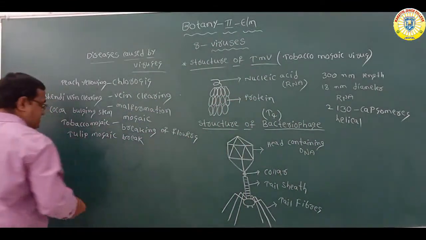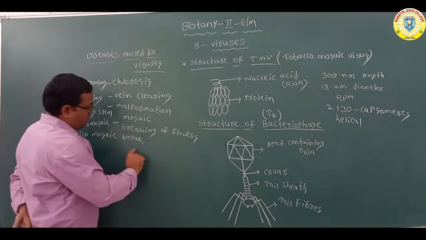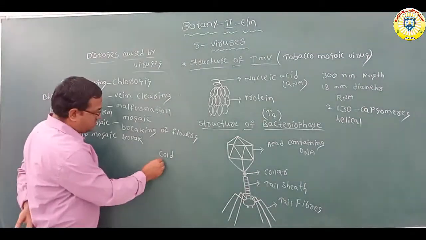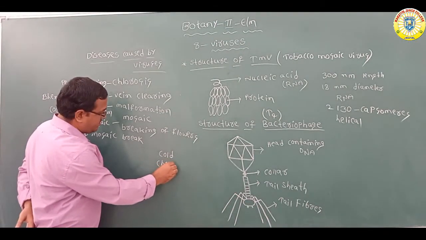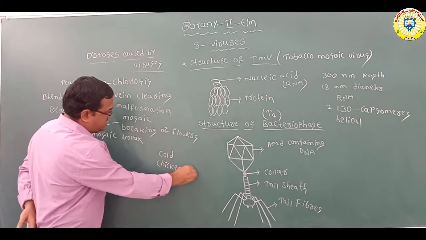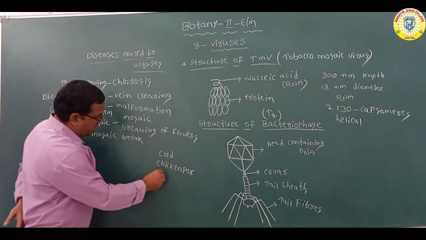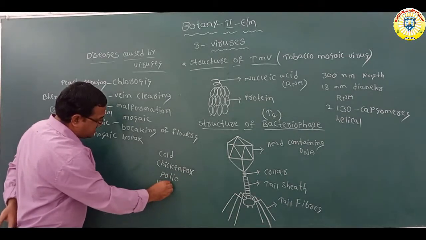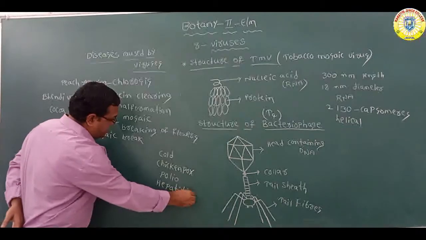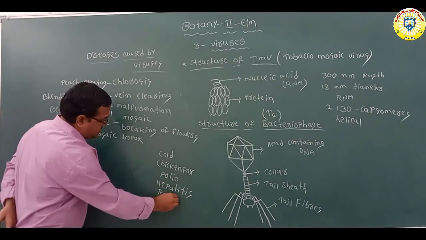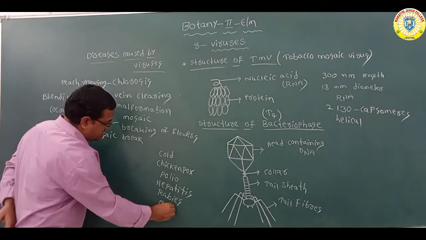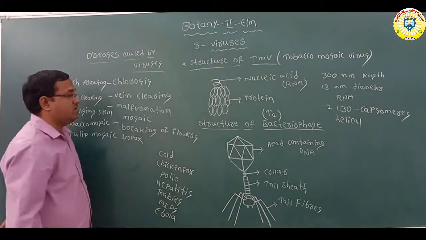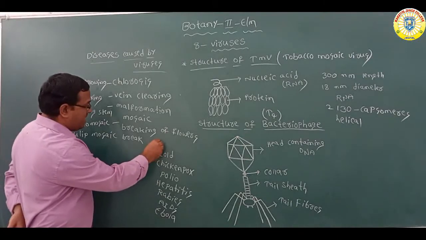You can see the animal diseases, especially the common cold, chicken pox, polio, hepatitis, rabies, AIDS, Ebola disease, and neonatal rubella.